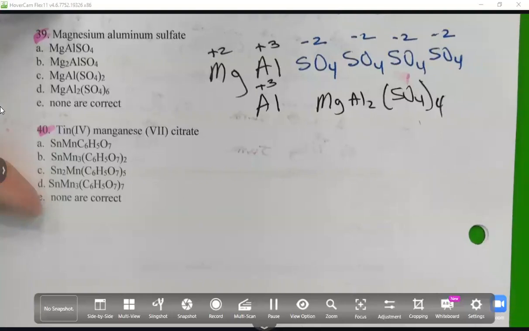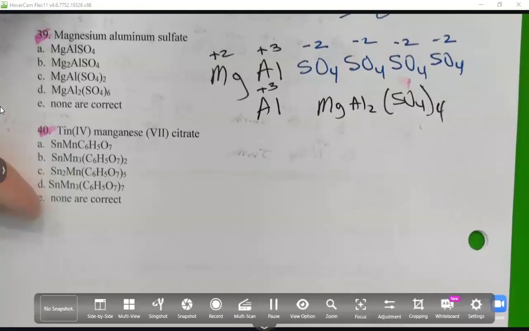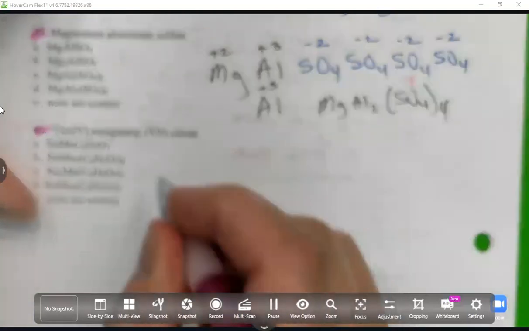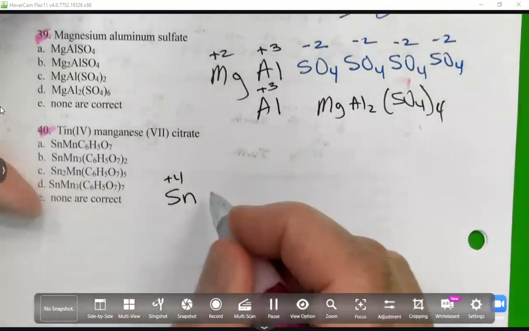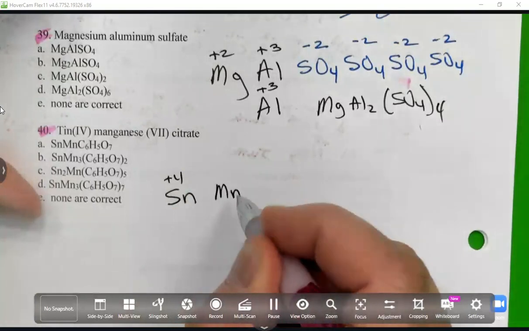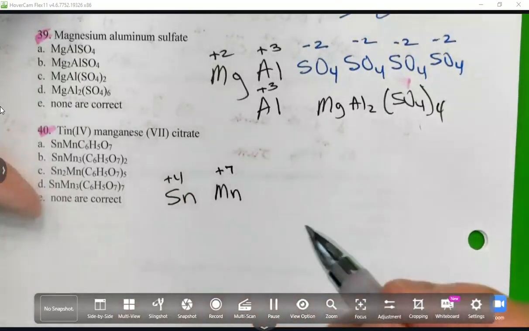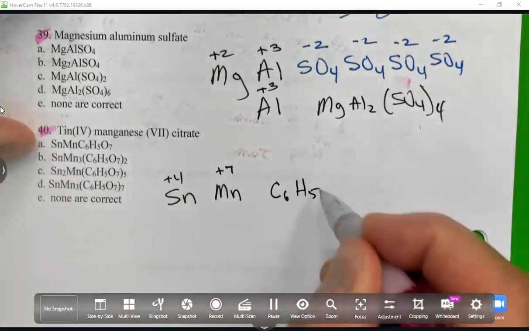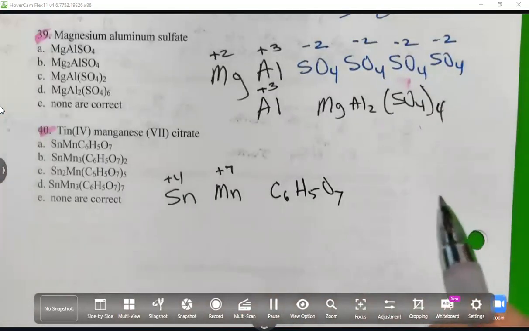Okay, 40, we've got tin 4, manganese 7 citrate. Whoa. Sn plus 4. Manganese plus 7. Citrate, C6H5O7.